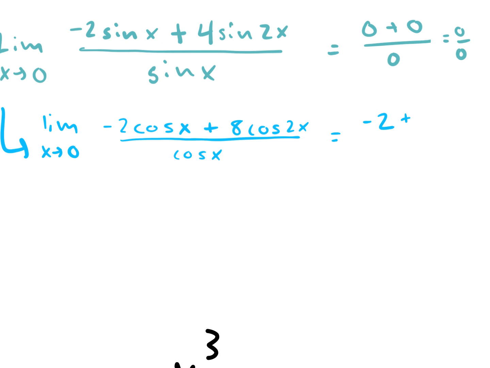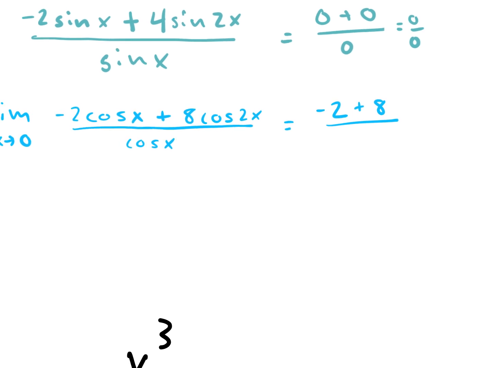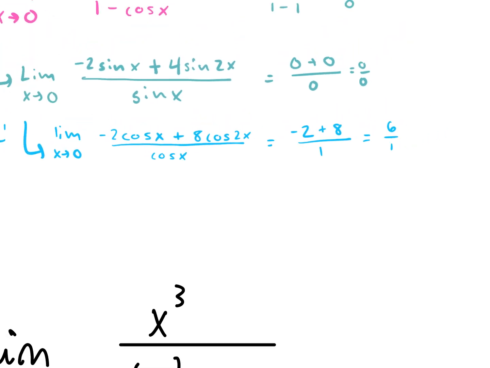Cosine of 2 times 0 would just be the cosine of 0, which is 1. 1 times 8 would be 8. So we have negative 2 plus 8 on top. Already a good sign because it's not 0 up top. We get 6. And then in our denominator, cosine of 0 is 1. So 6 over 1 is 6. So our limit would be 6.